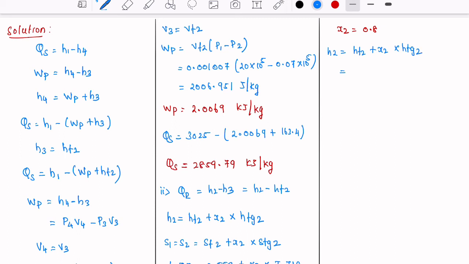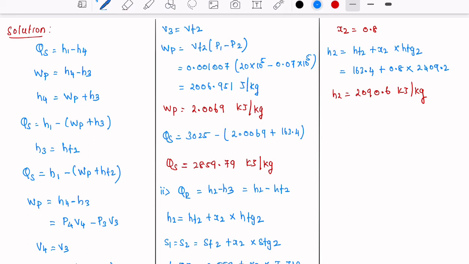HF2 is equal to 163.4 plus 0.8 into HFG2, which is 2409.2. This value is taken from the steam table. After calculation, the value of H2 is equal to 2090.6 kilojoule per kg. Now we have found out the value of H2.